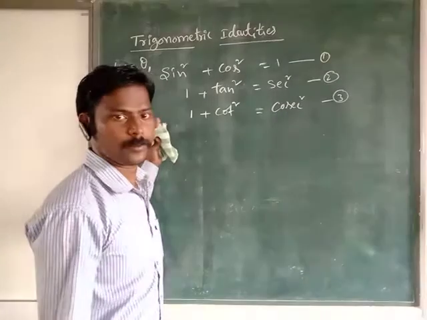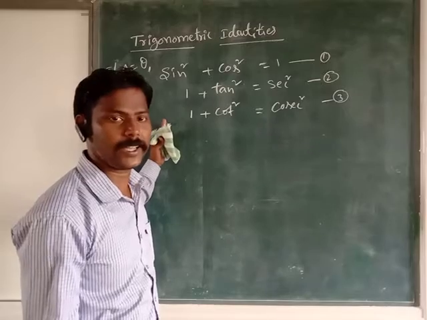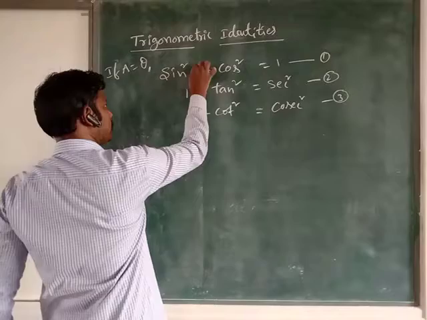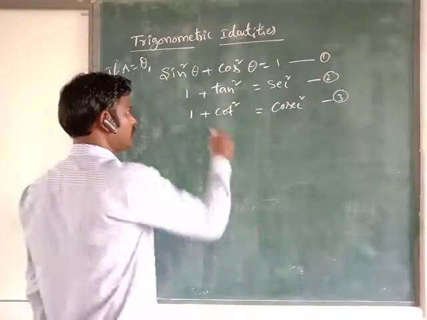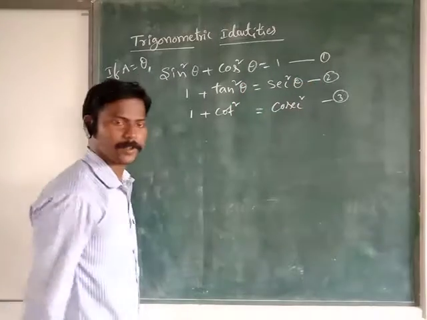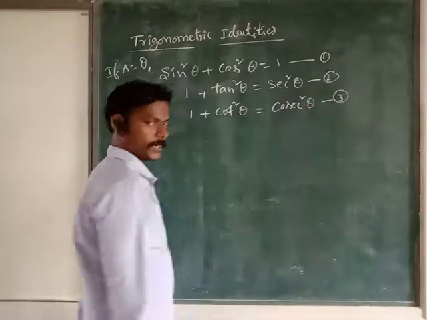In place of angle A, if you keep theta, how to write it? Sin square theta plus cos square theta equal to 1. Second, 1 plus tan square theta equal to secant square theta. 1 plus cot square theta equal to cosecant square theta.